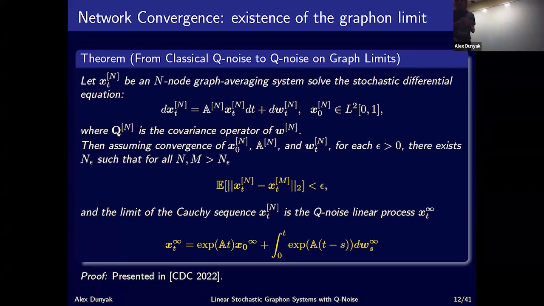Because it's Cauchy and the space of L2 functions is complete, there is a limit process that we denote here x infinity, for which you can actually write the explicit solution along a sample path in the bottom here.